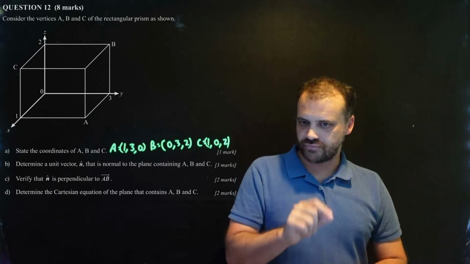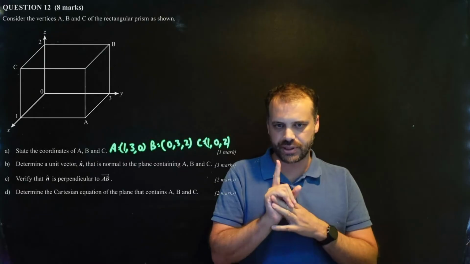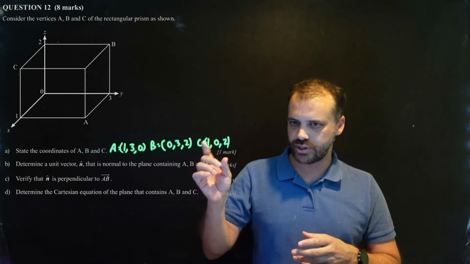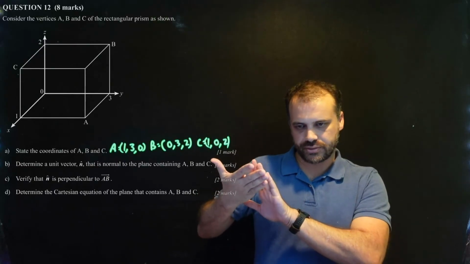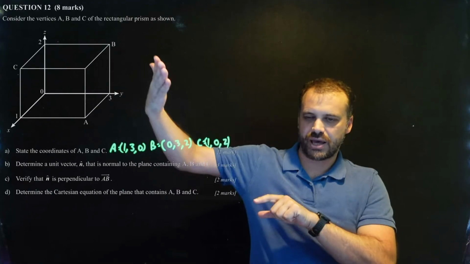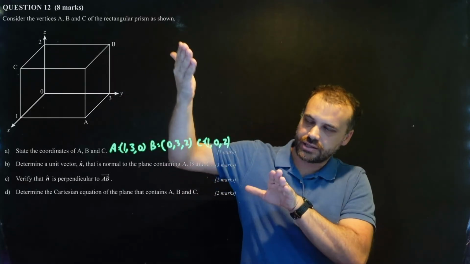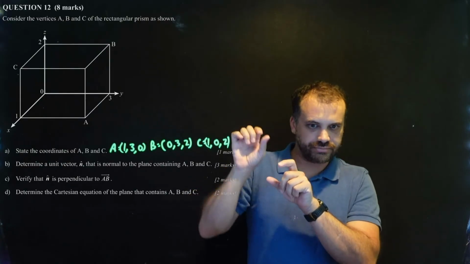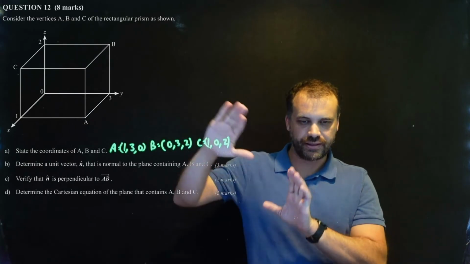Determine a unit vector that is normal to the plane containing A, B, and C. All right, so we have 3 points, A, B, and C. Imagine you had a piece of paper, and all 3 of those points were on that piece of paper. So we're kind of cutting a slice through that rectangular prism that we're looking at. That's the plane.